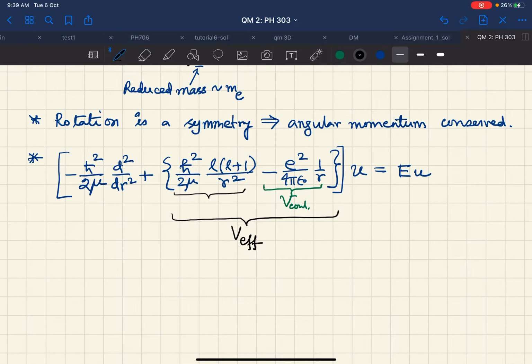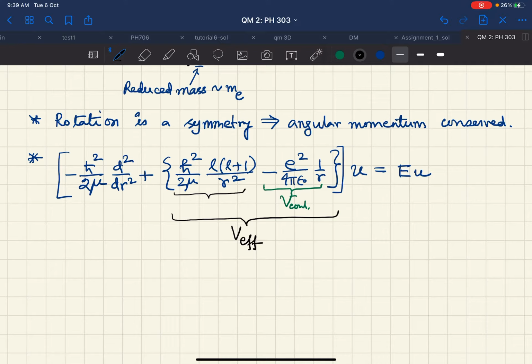This is very important because, as I have stressed quite a number of times, in using the variational techniques to solve quantum mechanical problems, it is very much required to figure out the form of the trial wave function.